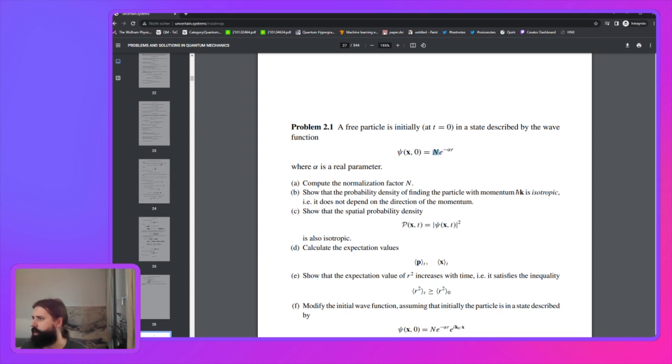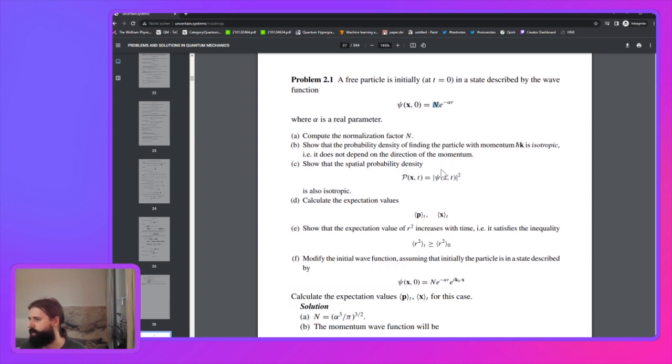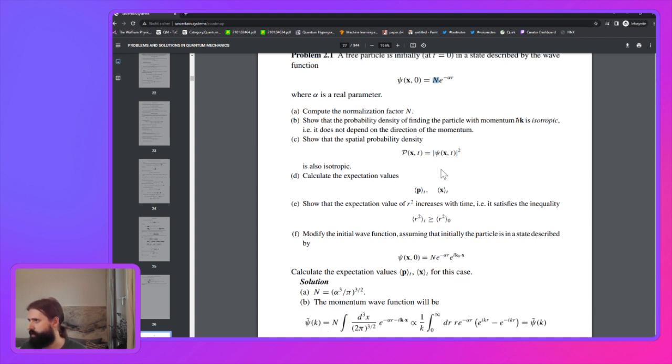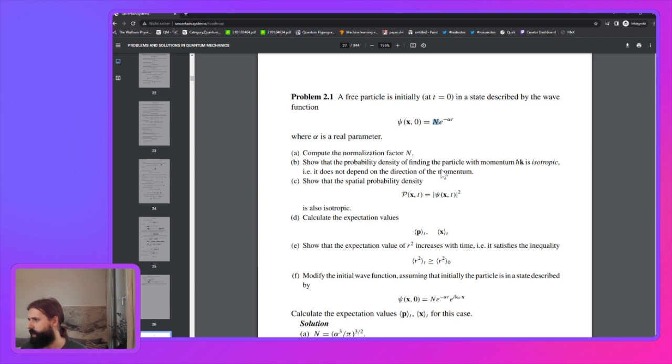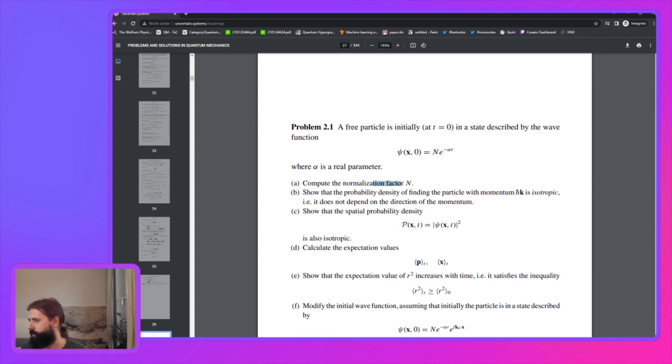N can be complex, definitely, or maybe not. The problem doesn't tell us. Factor n. Of course it can be complex. That's the whole point, right? It's an amplitude, right? So, oh, give me a second.